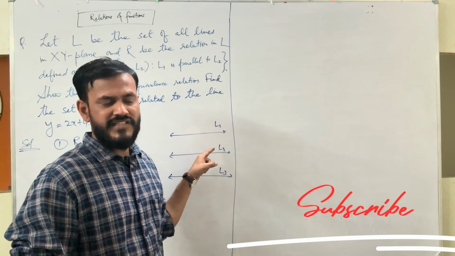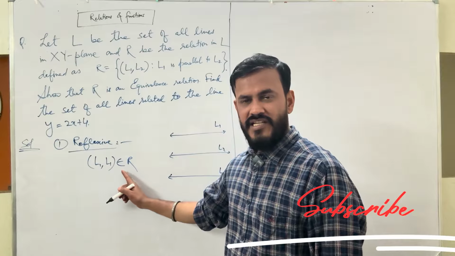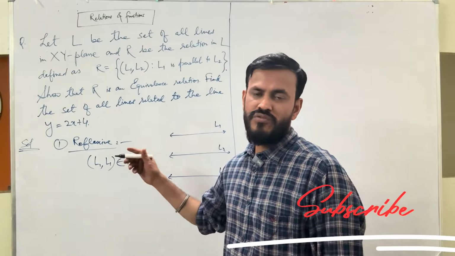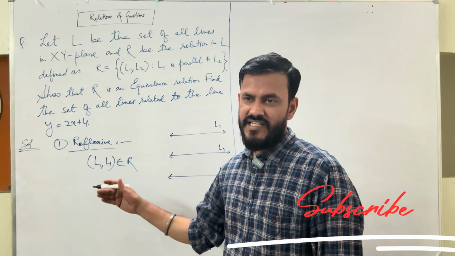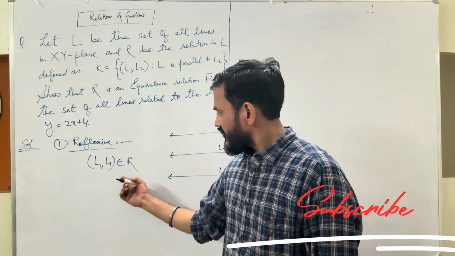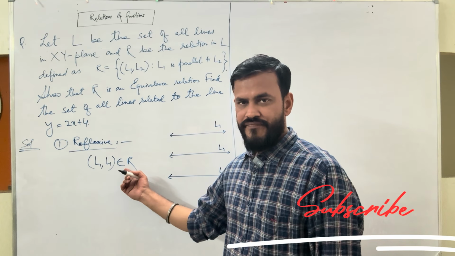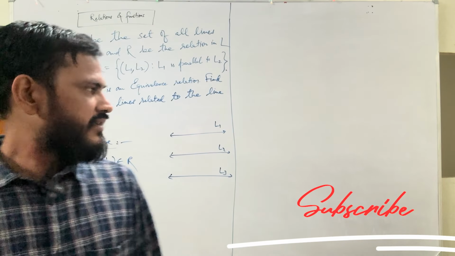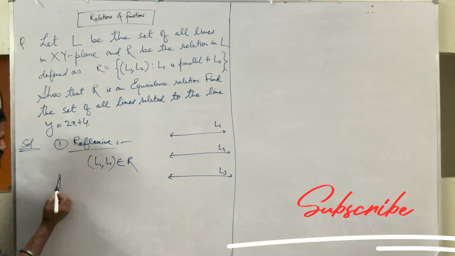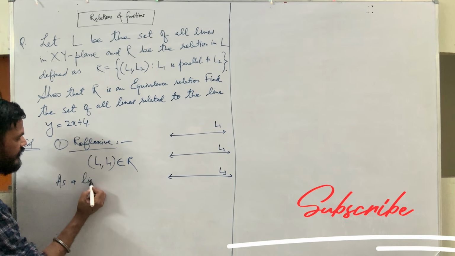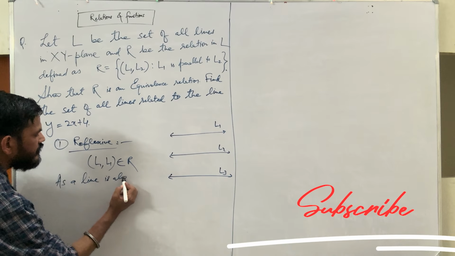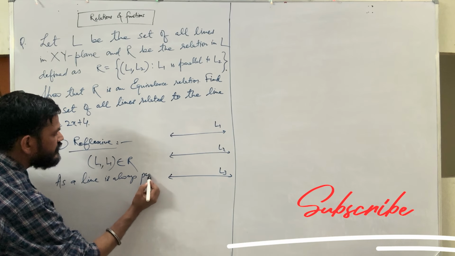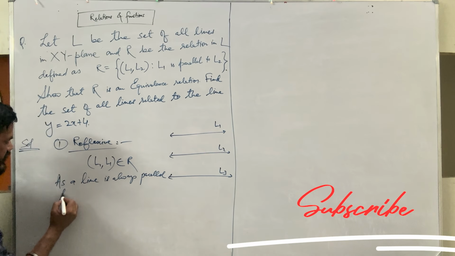A line is always parallel to itself. So L1 comma L1 must be there. L1 comma L1, L2 comma L2, and so on. All the other lines Ln comma Ln must be in relation R. So the relation is reflexive, as a line is always parallel to itself.